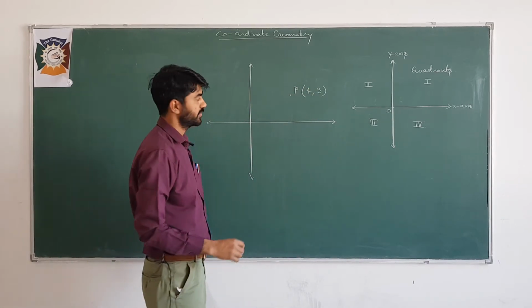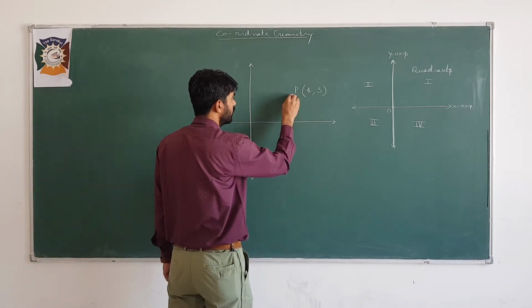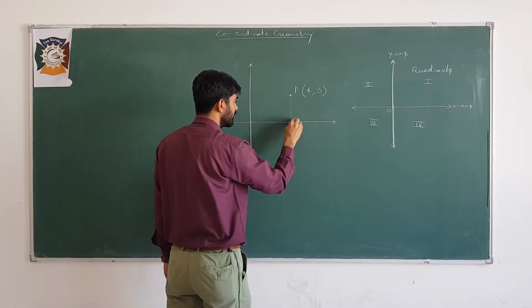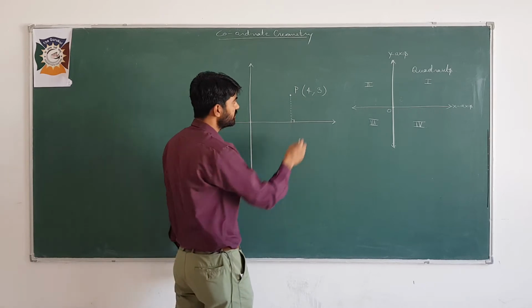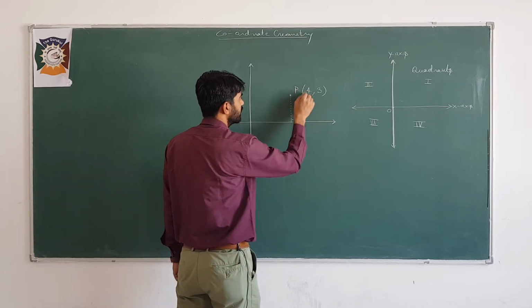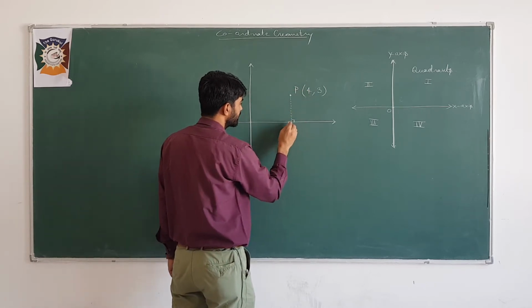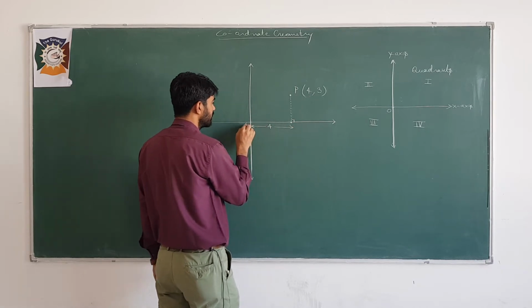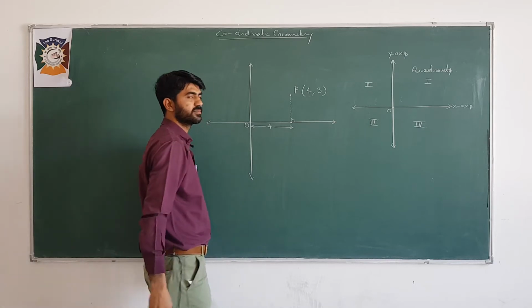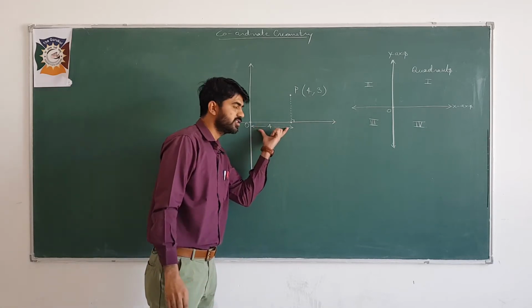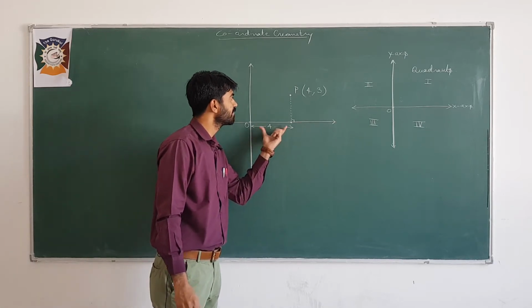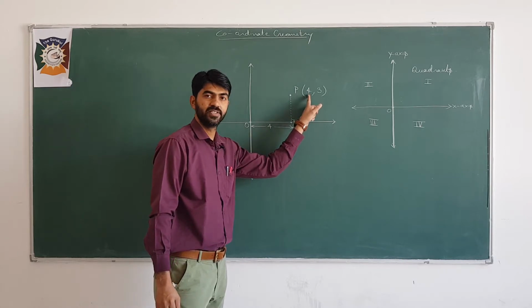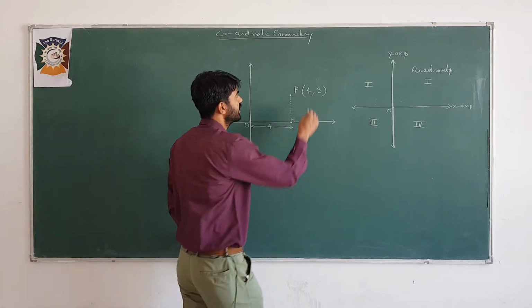It means, if I draw a perpendicular on x-axis from this point, then the value of x indicates that this distance from origin is 4 units. This distance is 4 units, that is why this point is having 4 as abscissa.